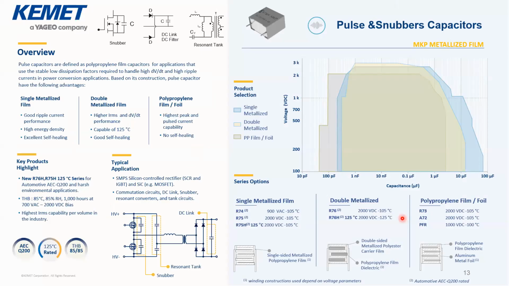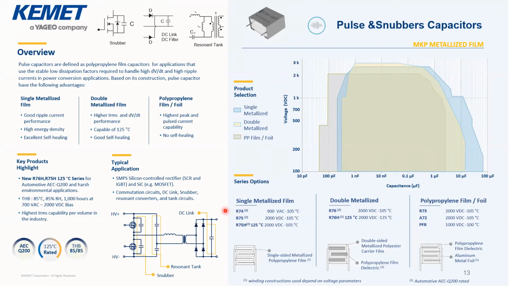Let us first compare the different technologies of the film capacitors. So in this slide, we are showing you the different types of series that we have, and the different ranges of voltage and capacitance that they are covering. And if we look at the internal construction of these different series, the main difference is related to the metallization.